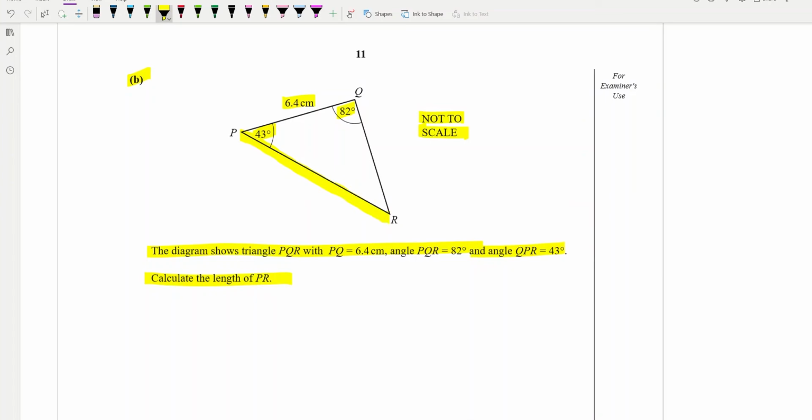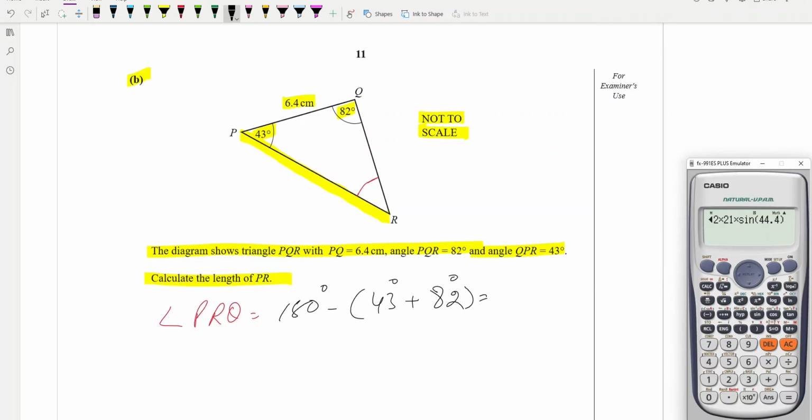For this one, we have two angles, so we can find the third angle. So we can write angle PRQ is equal to 180 minus 43 plus 82, these are all degrees, so this will be 180 minus 43 plus 82, and this results in 55.